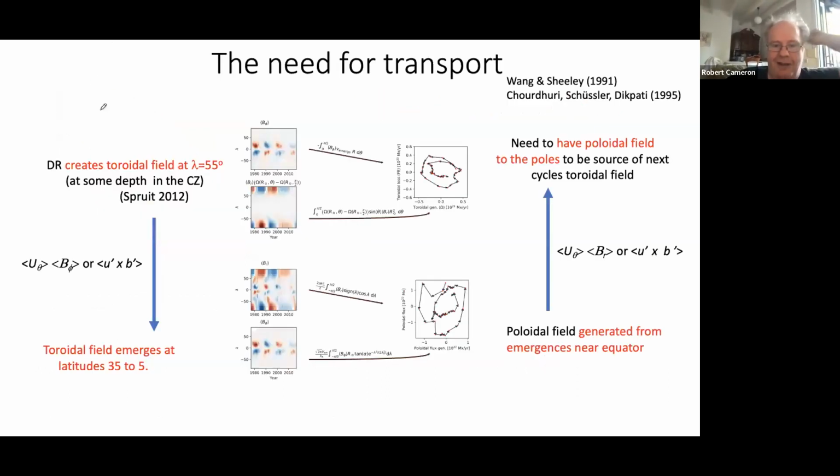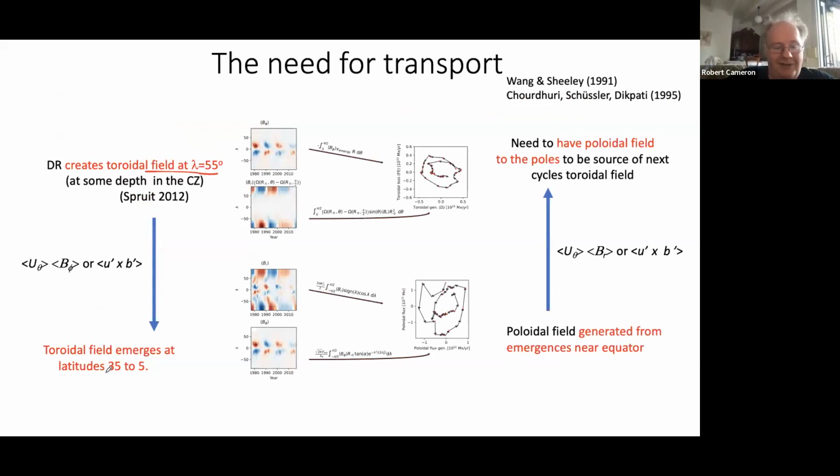And this is basically where the flux transport part of the Babcock-Leighton flux transport dynamo comes in. It comes in because we generate the toroidal field at 55 degrees or above. We can generate it either with radial or latitudinal differential shear, but it's going to happen at high latitudes.